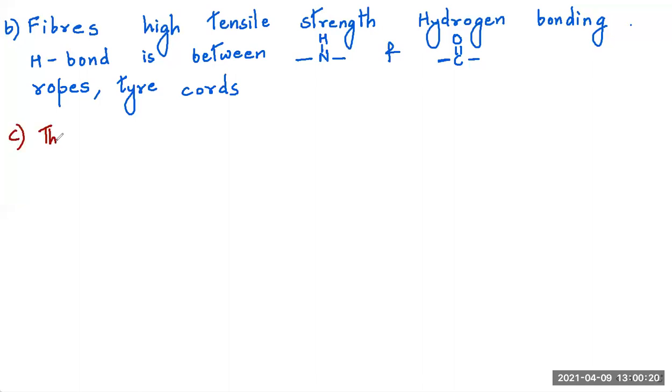The third category is thermoplastic. Can you understand the meaning of the name? They have properties intermediate between fibers and elastomers.